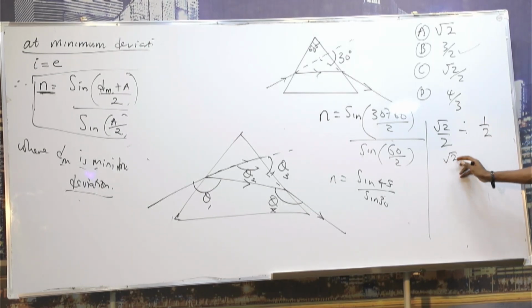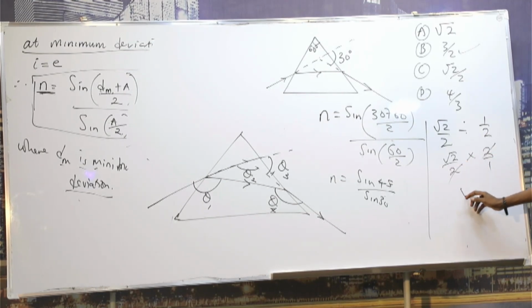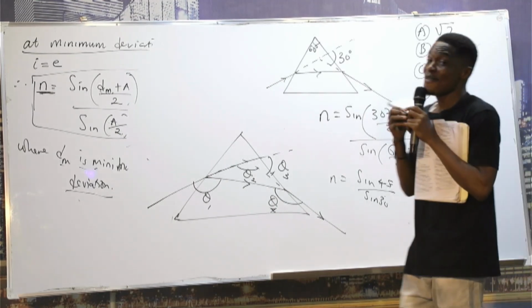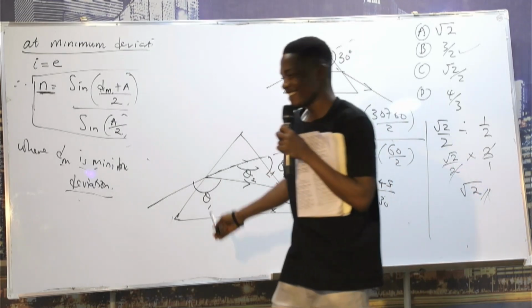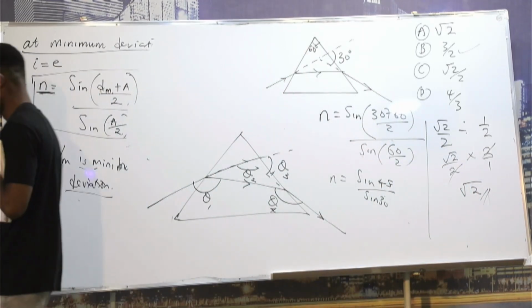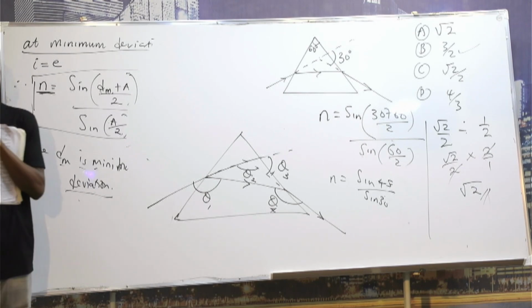So we have root 2 over 2 times 2 over 1. So we have root 2 as our answer, right? If you got it on your own without any cheating, clap for yourself. If you are clapping for yourself and you cheated, it's okay. Don't worry, I will catch you now.